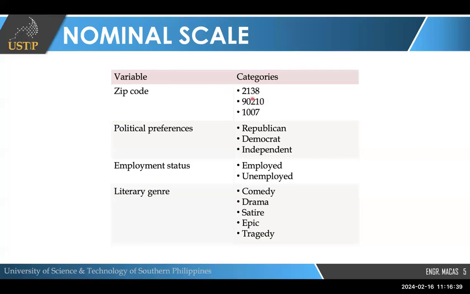But again, it doesn't mean nga kining 90210 is greater than the other categories, okay? Political preferences like Republican, Democrat, Independent. Employment status, employed, unemployed. Literary genre like comedy, drama, satire, epic, tragedy. Okay, so these are the examples of a nominal data or a nominal scale.